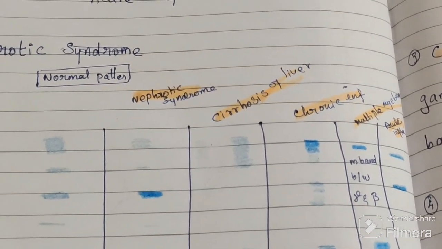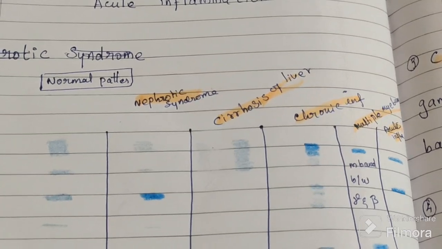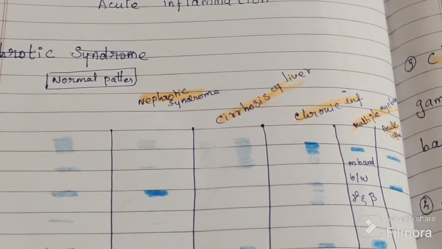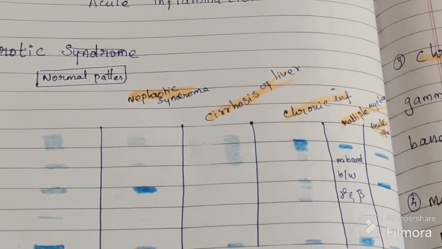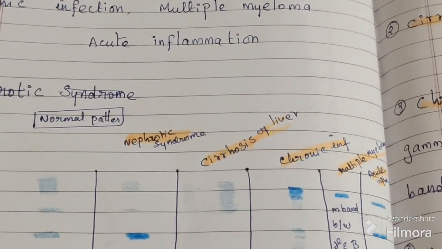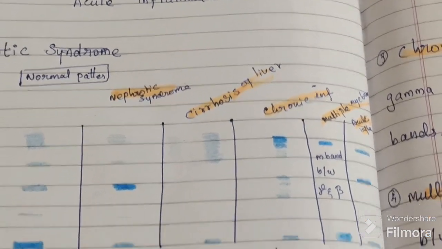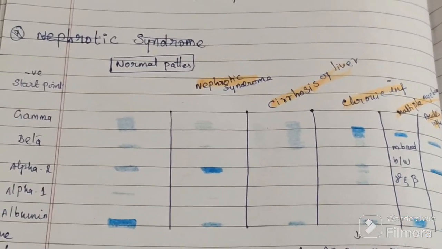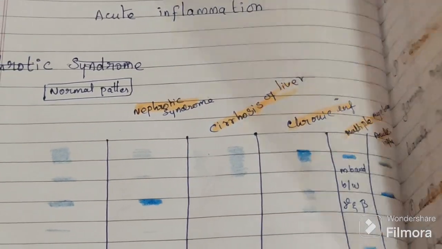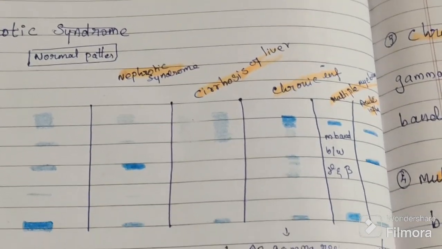Gamma globulin or immunoglobulin is made from plasma cells. Plasma cells are present in the bone marrow. To maintain total protein level, comparatively high gamma globulin production is there, which will be seen in the electrophoresis pattern.